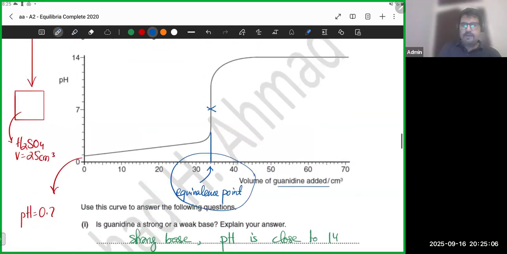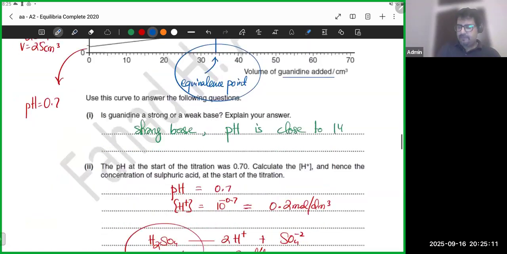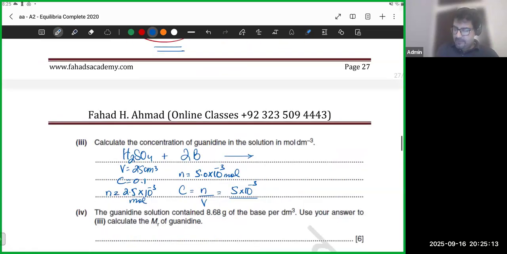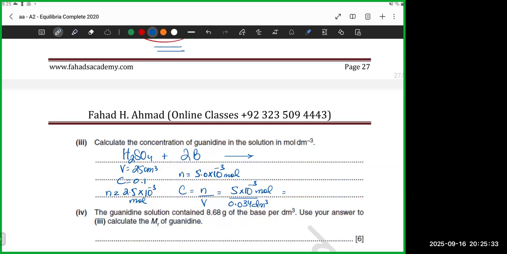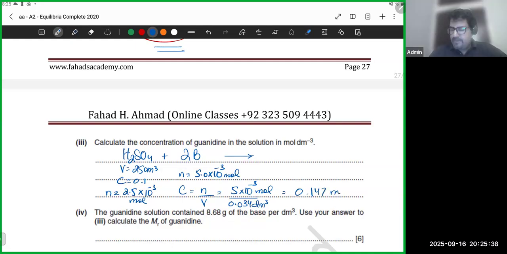This was the equivalence point, and it was 34 cm3. In dm3, that's 0.034 dm3, which is 34 divided by 1000. What do you get for this? 0.1471, so 0.147 mole per dm3, right?